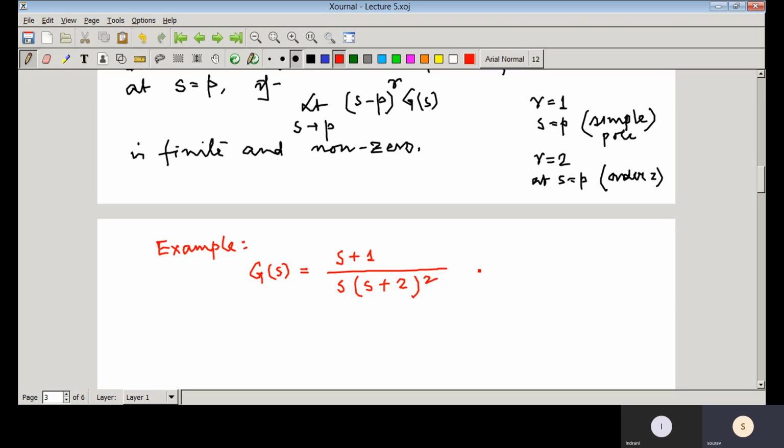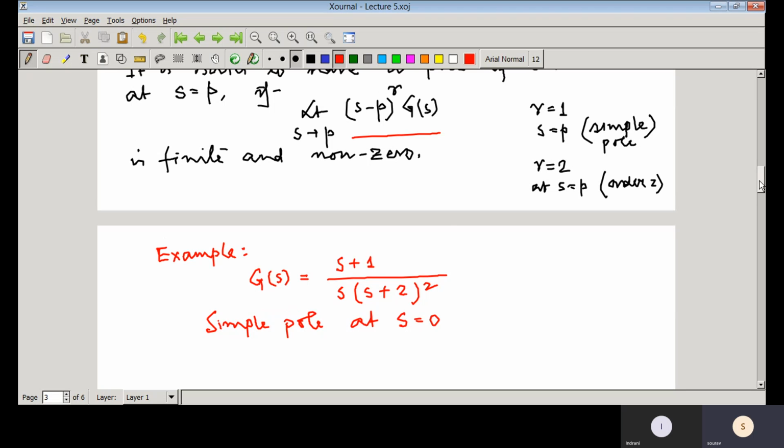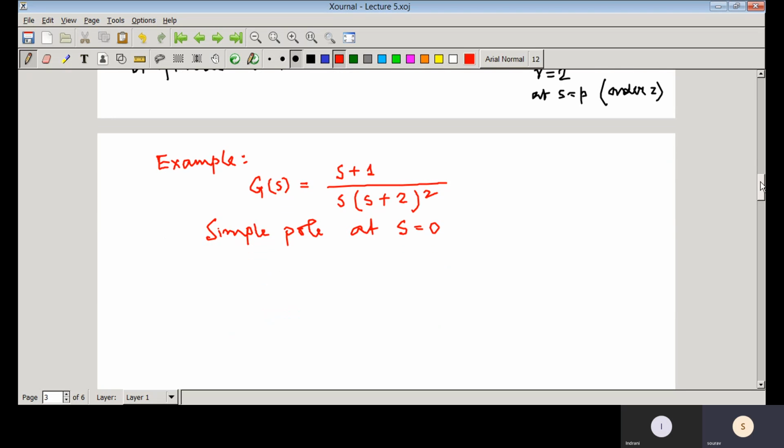Here, if you apply this particular definition, you have a simple pole at s equal to 0. Whenever you have a function like that, just by looking at the denominator, you can see the value of s for which G(s) becomes infinite, that means undefined. Those are the poles. Whenever you put s equal to 0 here, G(s) would be infinite.